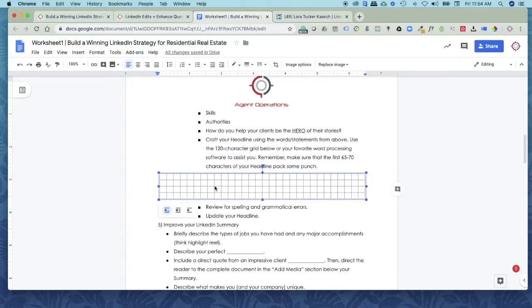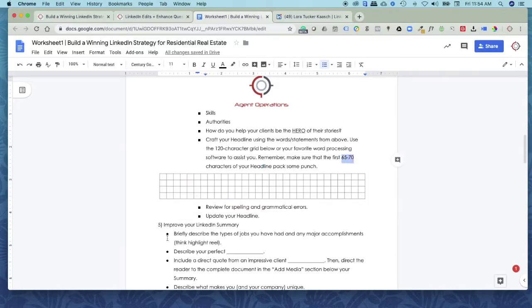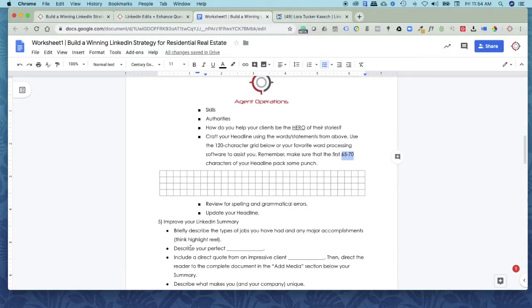So you're going to want to use this character grid in order to plan out your content. Each little square here is one character. You've got to make sure that the first 65 to 70 characters of your headline are the most meaty, because that's what people are going to see in the preview.